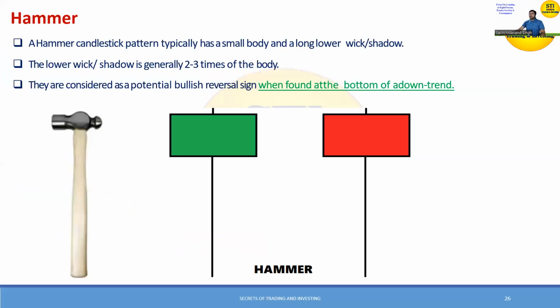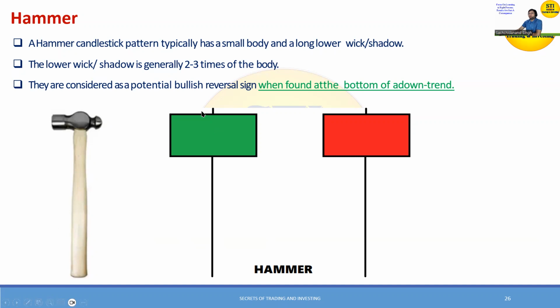Okay, so how to identify the other candles? One is called the hammer. Hammer is the kind of candlestick pattern where there is a smaller body and a longer wick towards the downside. How does a hammer look? It has the metal part, and below that there is the handle of the hammer, and the metal part should be up.